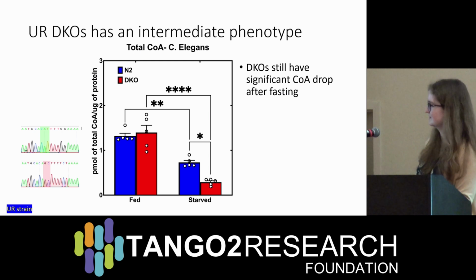There is a little bit in this experiment, the N2s also dropped a little bit, but I think this is due to some updates in how the CoA was being measured by our collaborator.